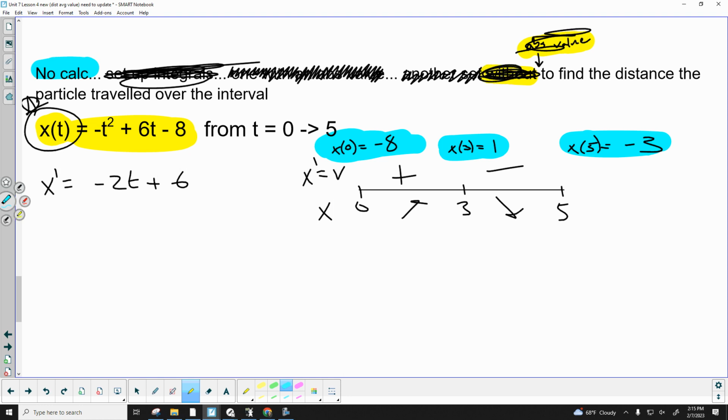I got position. These are my positions. These are the signs of my velocity to tell me my position is increasing, decreasing. These are my positions. I find my position because I have my position function.